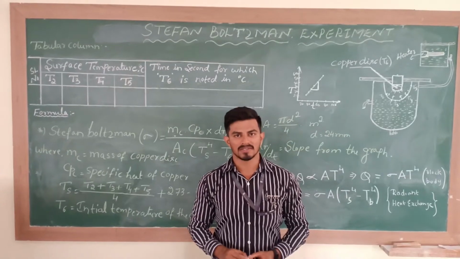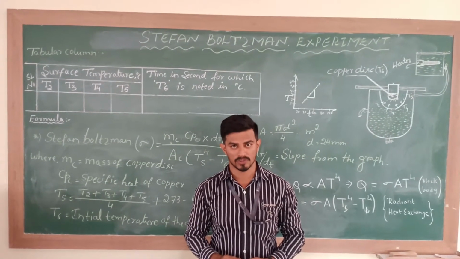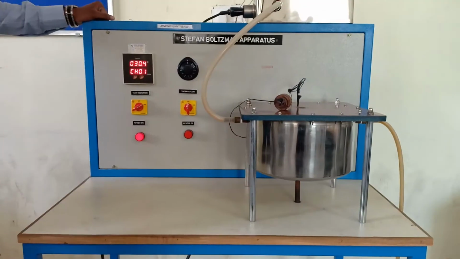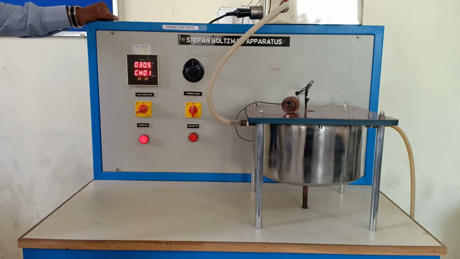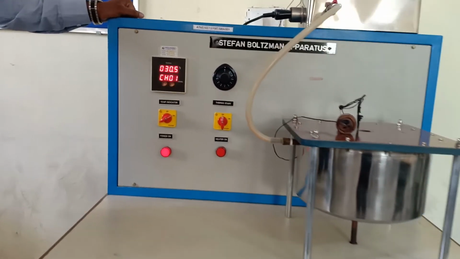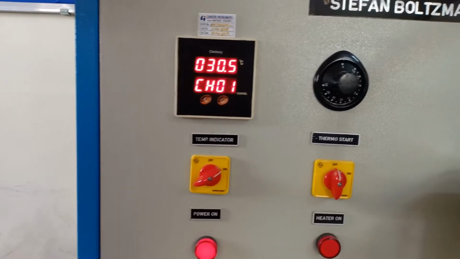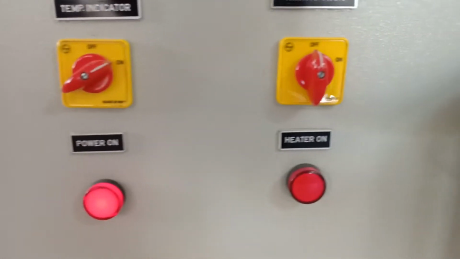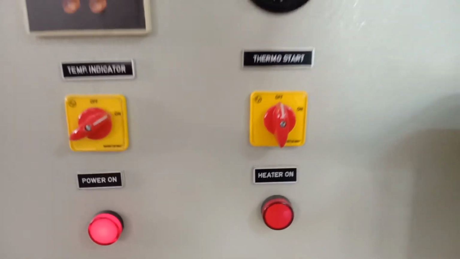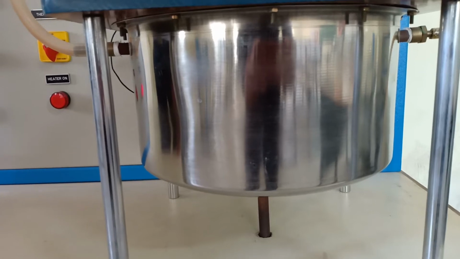Now we will discuss the procedure to conduct the experiment to determine the Stefan-Boltzmann constant. This is the experimental setup of the Stefan-Boltzmann experiment. This is the temperature indicator. This is the power on button, the heater on button, and this is the hemispherical shell.